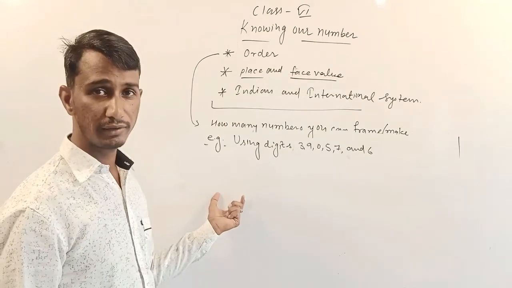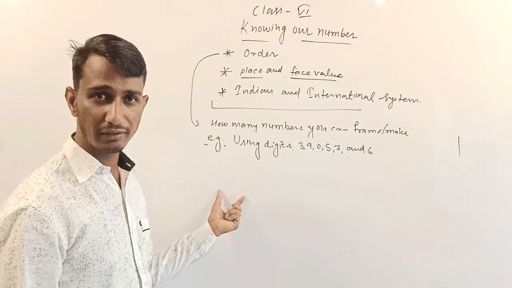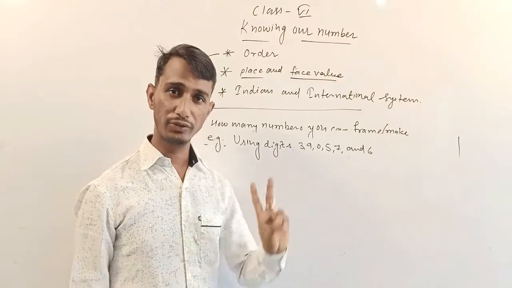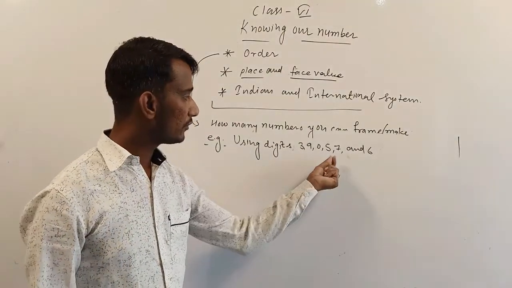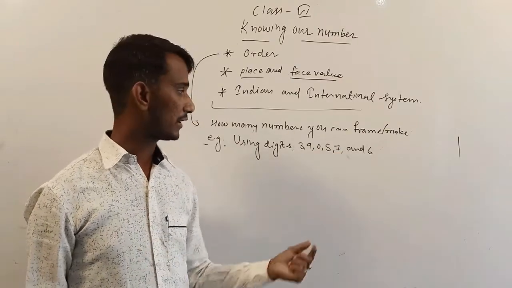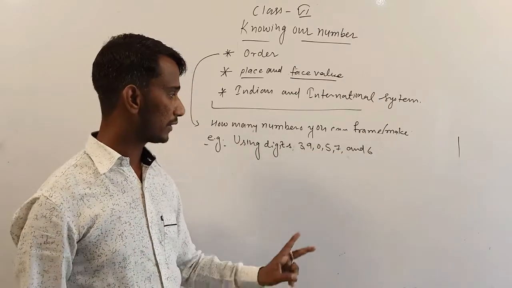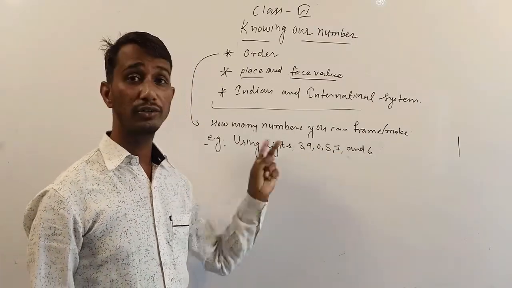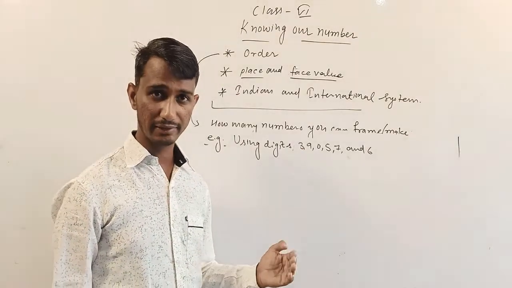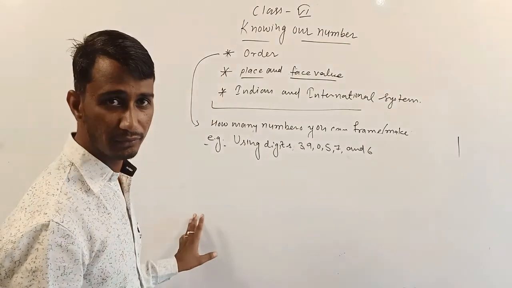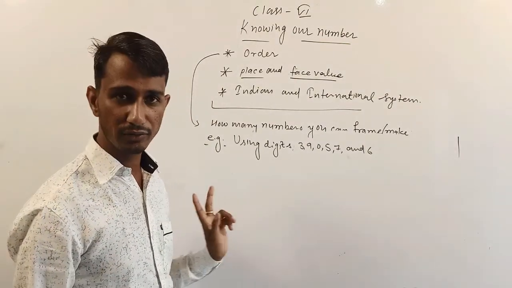If repetition is allowed only for 2 digits, you can use these 2 digits 2 times. Means we can write 7 2 times, 6 2 times, 9 2 times, or 3 2 times. 2 times means 3 and 3, that is called 2 times.